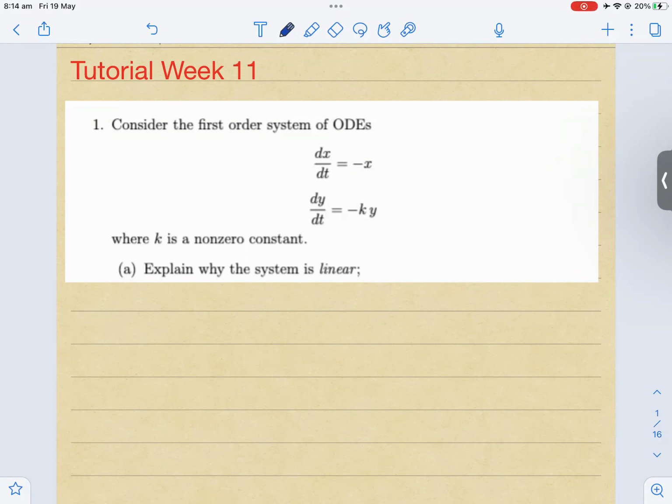All right. So we see a system of ODEs and we want to explain why it is linear.